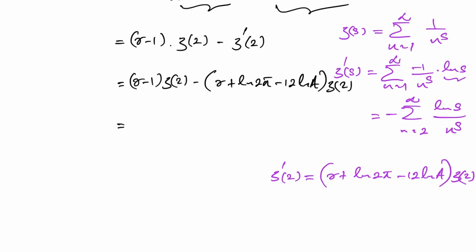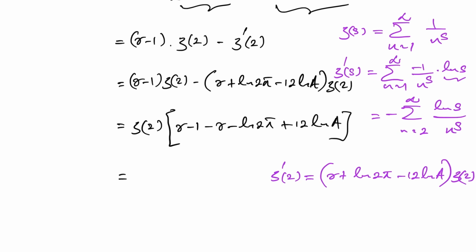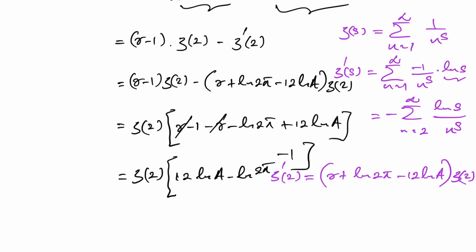Then we can take zeta of 2 as a common factor. So here we have gamma minus 1 minus gamma minus natural log of 2 pi plus 12 times natural log of A. If we simplify, gamma gets cancelled. So we have zeta of 2 times 12 times natural log of A minus natural log of 2 pi minus 1. Okay, this is the answer for this integral.